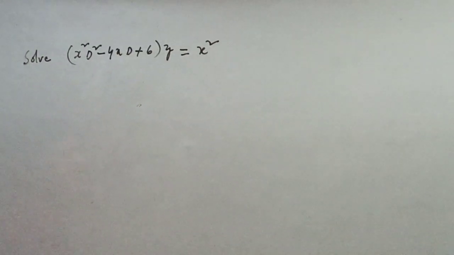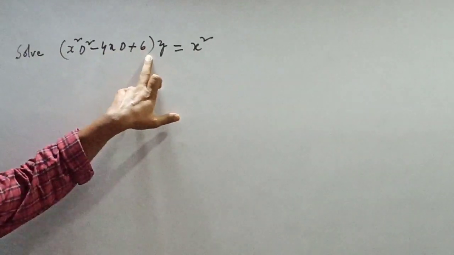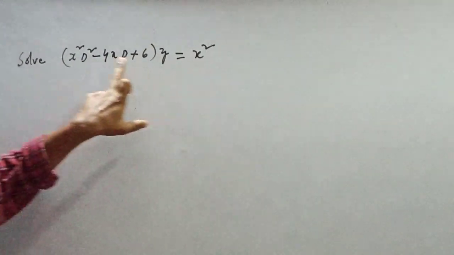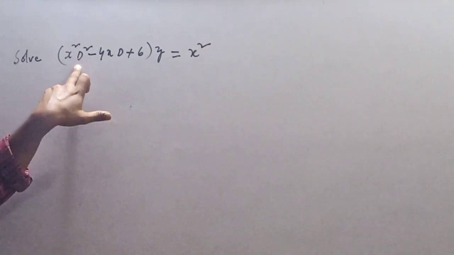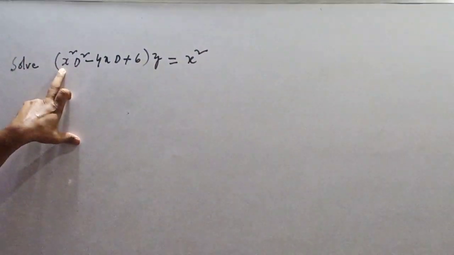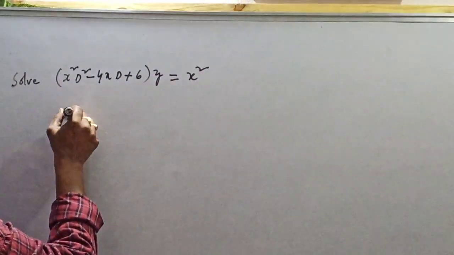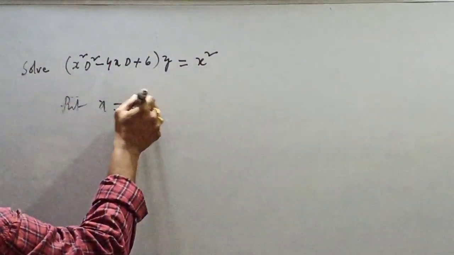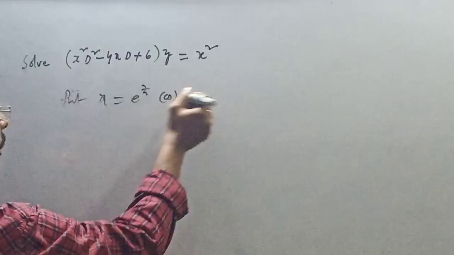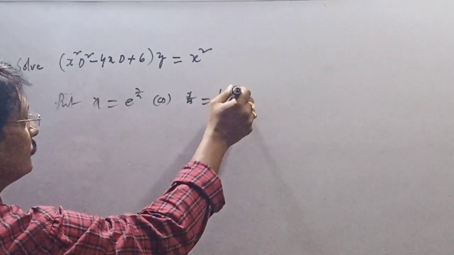Now solve the differential equation x square D square minus 4xD plus 6 of y equal to x square. Okay, x square D square, so it is a differential equation with variable coefficients. Then we know the substitution: put x equal to e to the power of z, or z equal to log x.